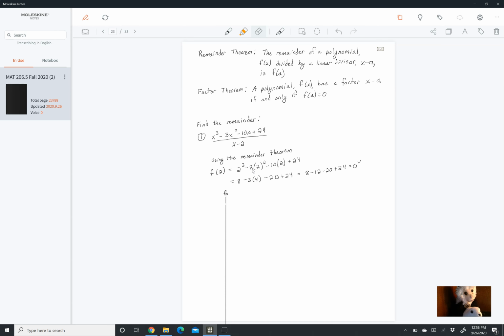Factor theorem says the remainder is 0. So x minus 2 is the factor.